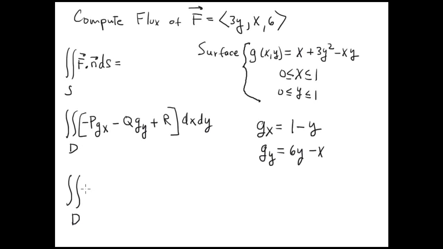Minus 3y, because P, this is P, Q, R, 3y times gx, which is y minus y, minus x, which is Q, times 6y minus x, plus 6, dx dy.